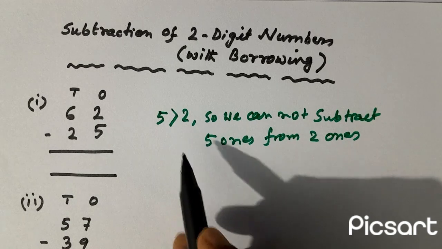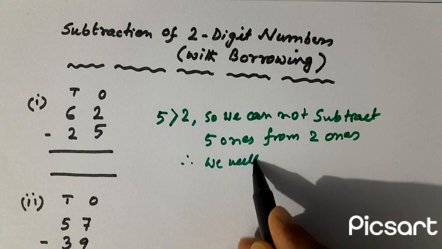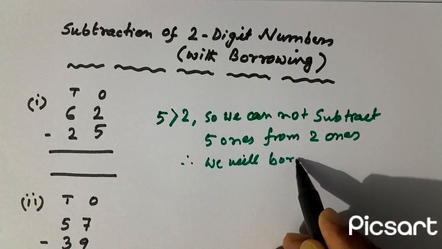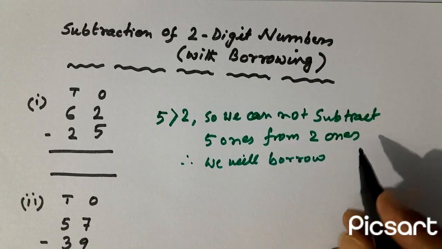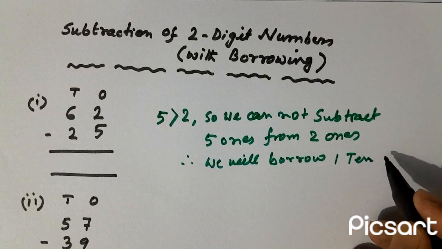But how will we do that? So, we will borrow 10 from tens column.